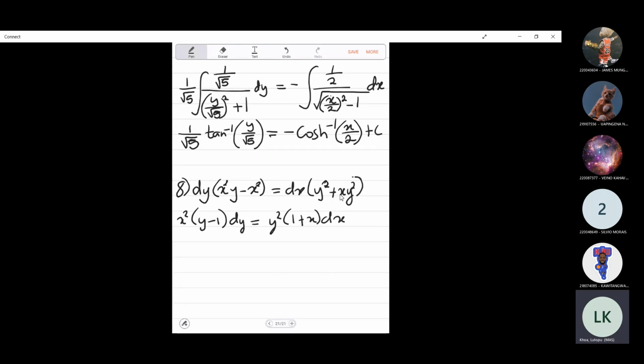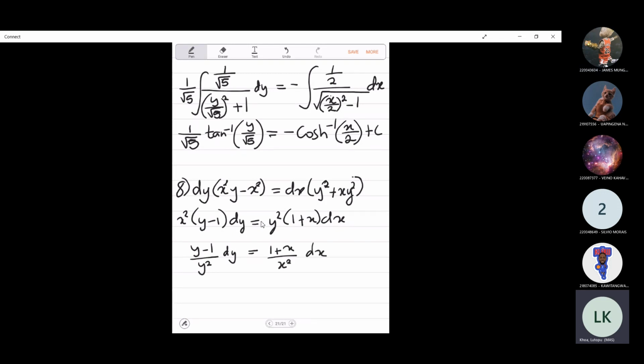Okay, and then we collect our terms with x on one side, terms with y on the other side. So I need to divide by x squared on both sides, and I also need to divide by y squared. So what I will have is y minus 1 over y squared dy. This is 1 plus x over x squared dx.